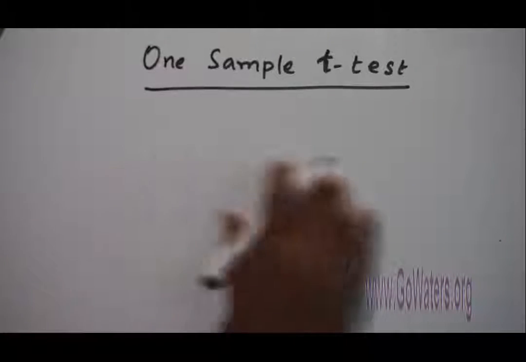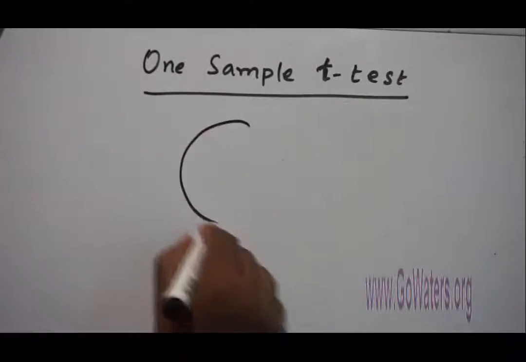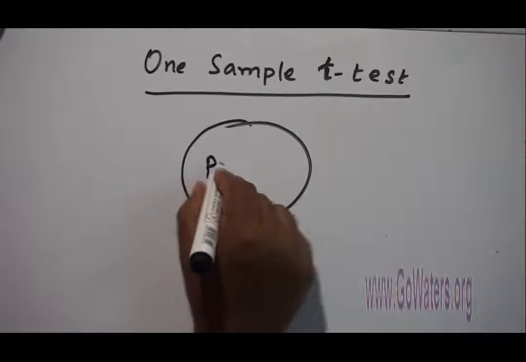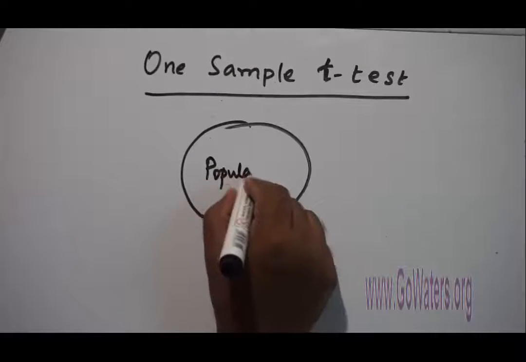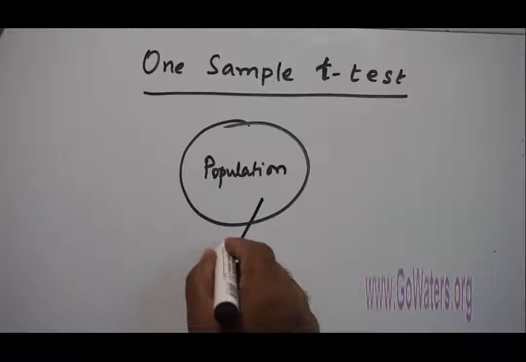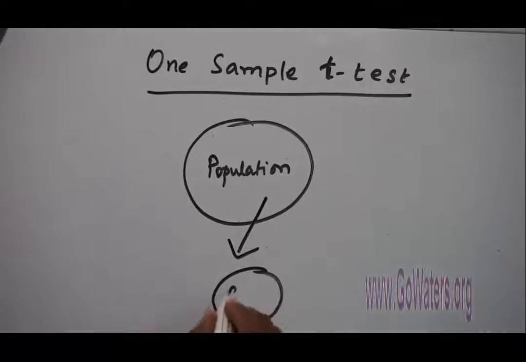So why one sample t-test? You have a population here, right? This is the population. From this population, you're choosing a sample.